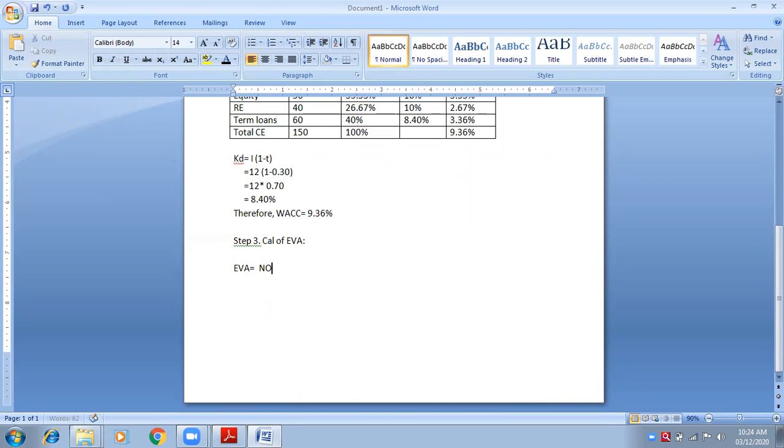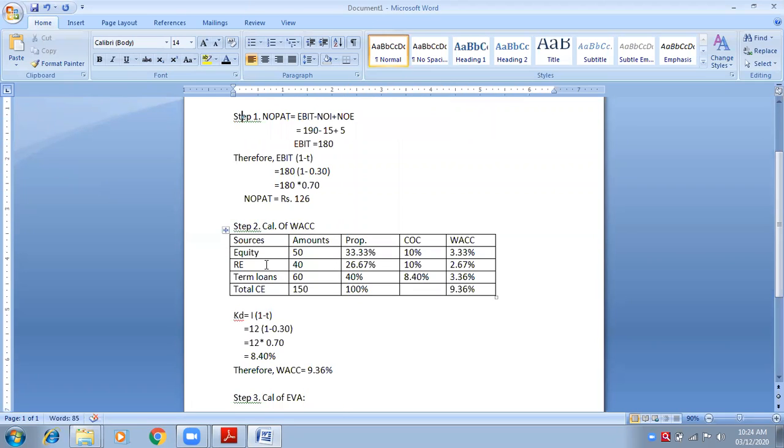EVA equals NOPAT minus bracket total capital employed into WACC, bracket close. I'm writing in short form. So what is NOPAT now? NOPAT was 126. Can you see here? NOPAT is 126.